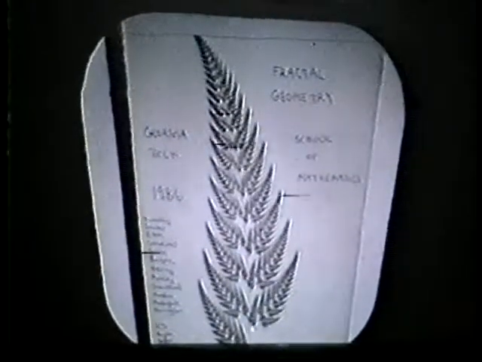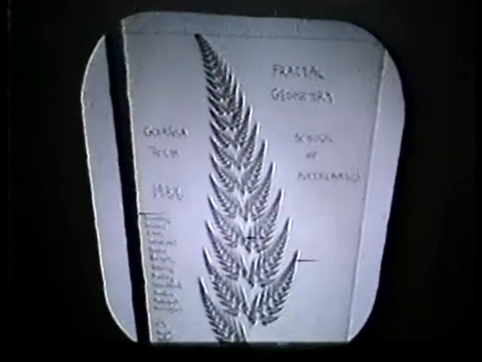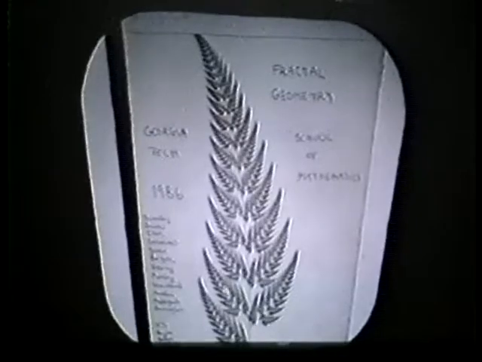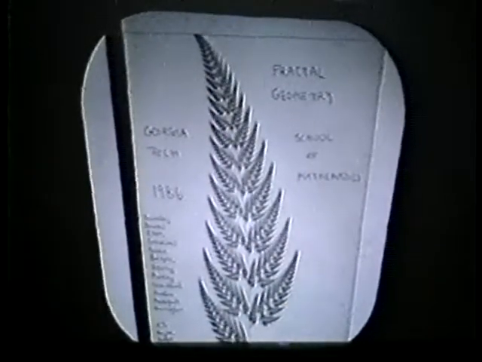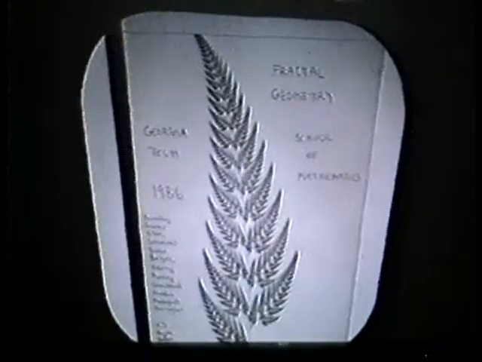So this whole fern is repeated in this one branch, and this branch here, or every branch, repeats the fern again and again and again. This is a kind of complexity which appears at an intermediate scale.